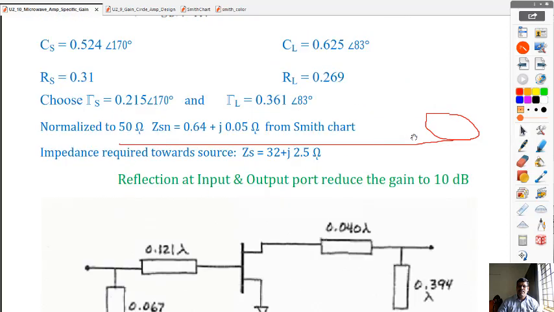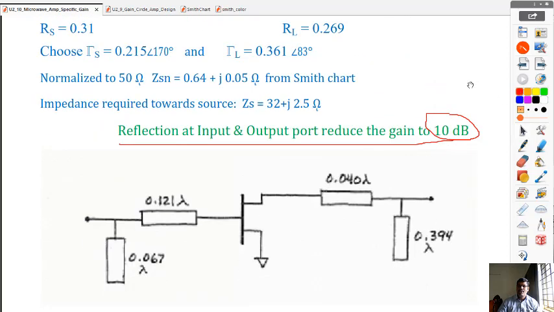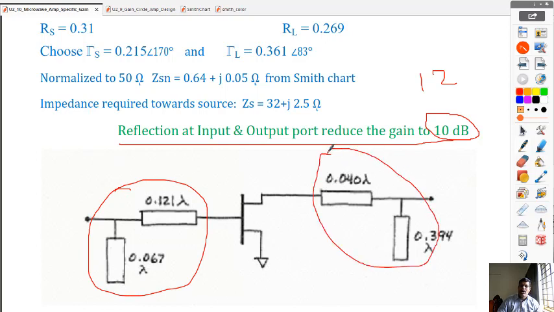The transistor could give 12 dB of gain, but we have done a deliberate mismatching using the input and output matching networks and reduced the gain by 2 dB, and we got only 10 dB.